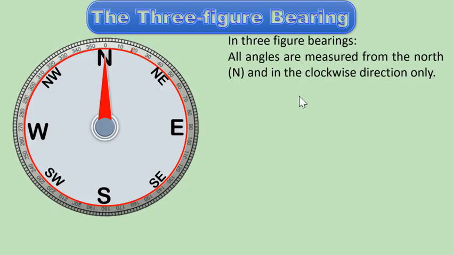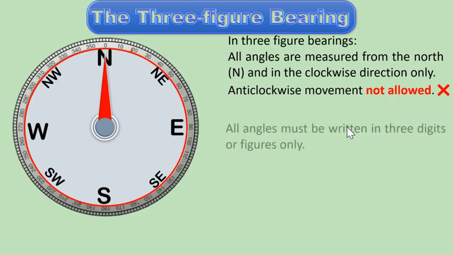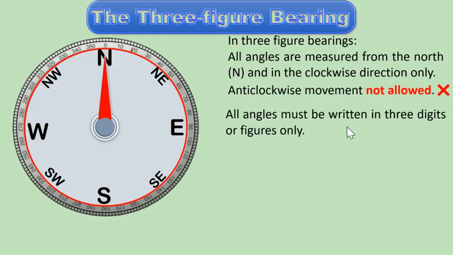Only clockwise direction is permitted in this particular format. Angles should be measured from north. Starting from the north and measuring anti-clockwise is not allowed. Please don't do that. Only from the north in the clockwise direction.